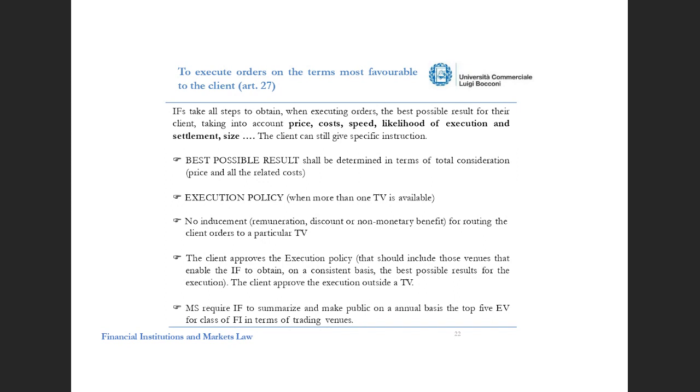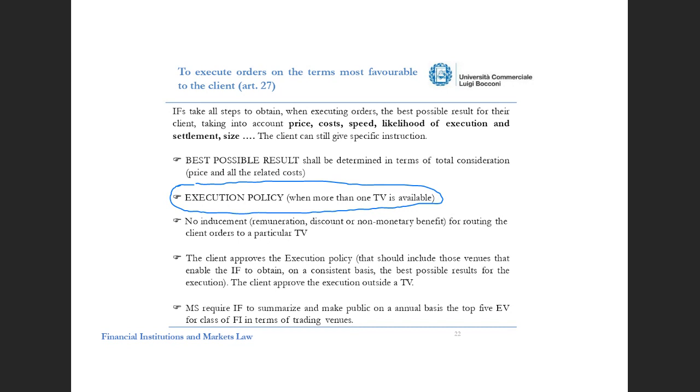And this is done through the drafting of an execution policy, which needs to be regularly updated, that would identify for different kinds of securities, different classes of securities, the trading venues that, according to the investment firm, would actually allow for the best execution rule to be complied with.